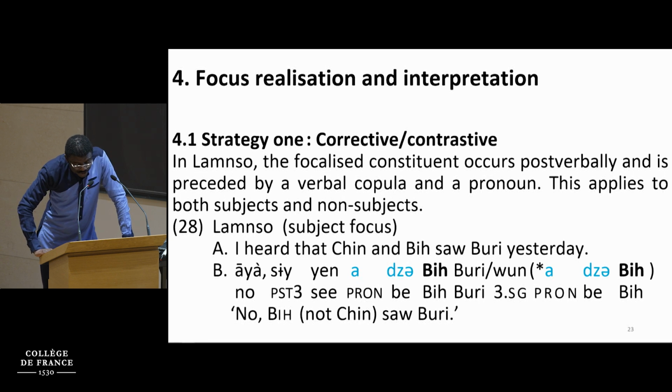So here you have a post-verbal subject marked with a pronoun and a copula, and that subject has to precede the other arguments. It is not possible to place this focalized subject at the end of the sentence. This is only possible in cases where you have intransitive constructions.